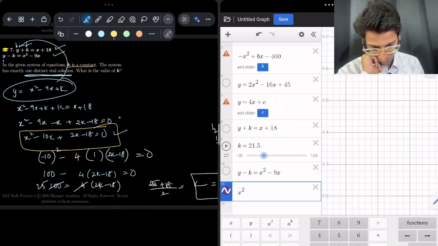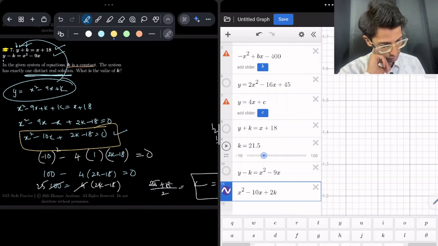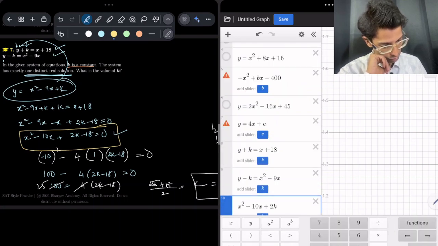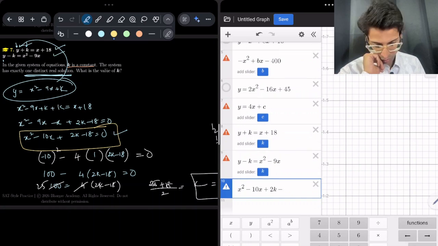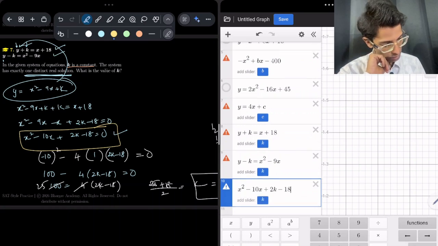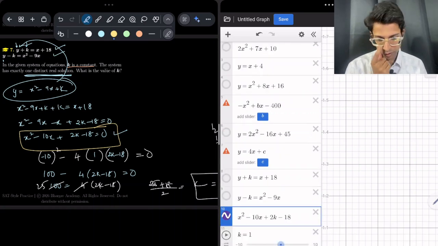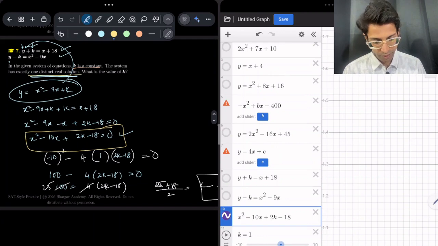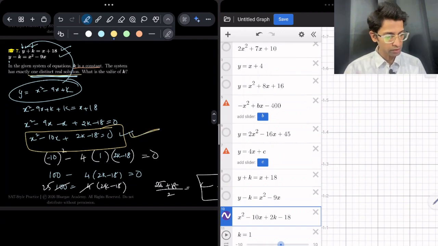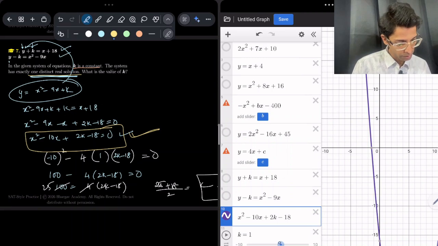Focus on this equation which I have told you, minus 10x plus 2k minus 18. Add the slider, and because the question is exactly one distinct real solution, this quadratic should touch the x-axis at exactly one point. So let's try to see. Let's make it happen.